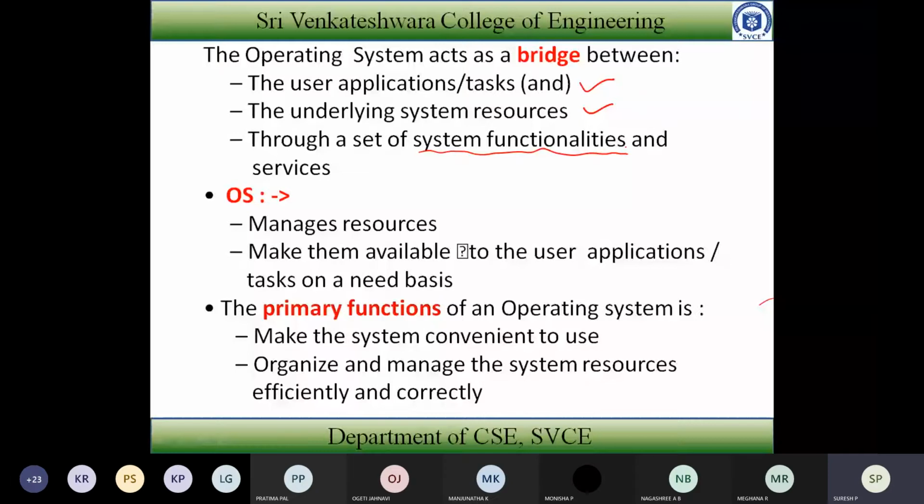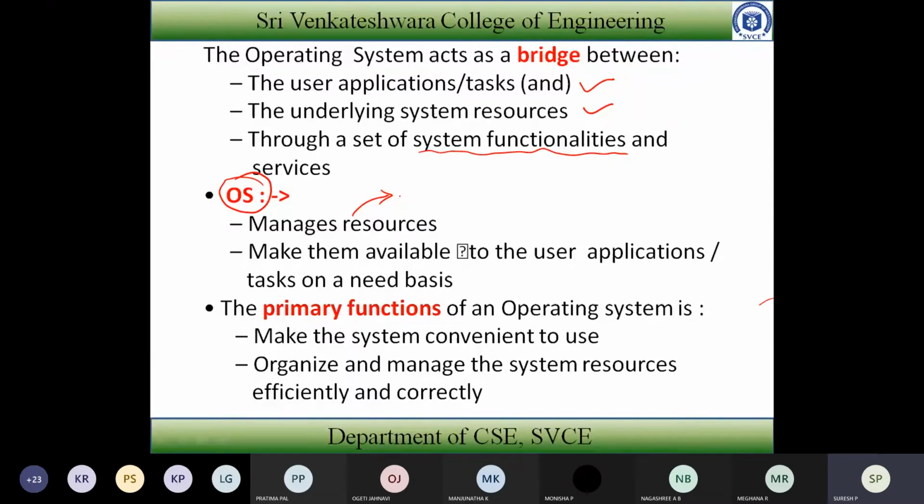Now the next question is, what is the operating system going to manage? It is going to manage the resources in your hardware, whether it may be a CPU, a memory, or a process.